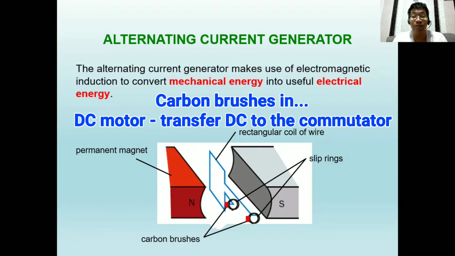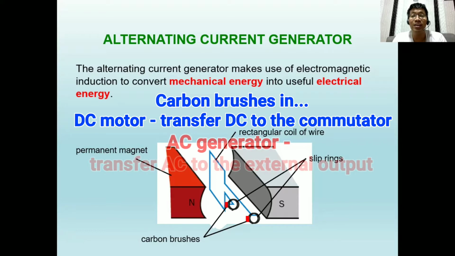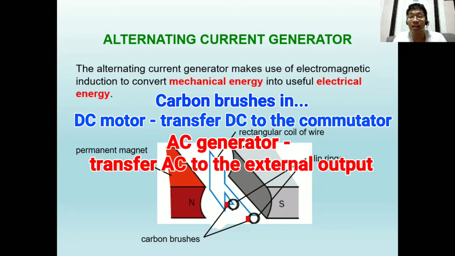Dito sa generator, ang function ng carbon brushes ay taga-transfer ng electric current in the form of alternating current into the external output. So, ibig sabihin, itong carbon brushes dito ay nakakonekta sa isang external output kung saan magiging useful ang na-produce na electrical energy.